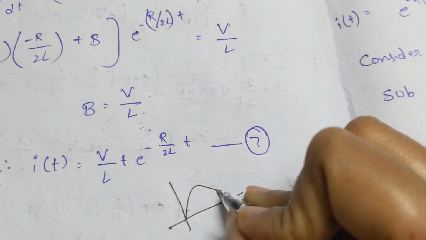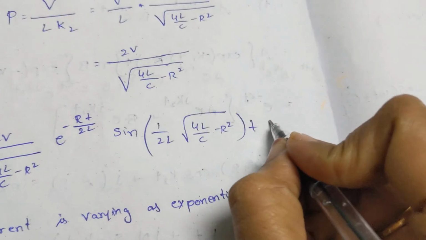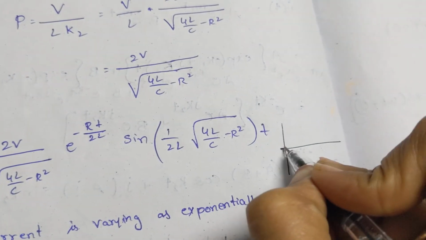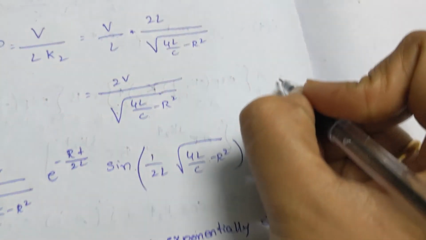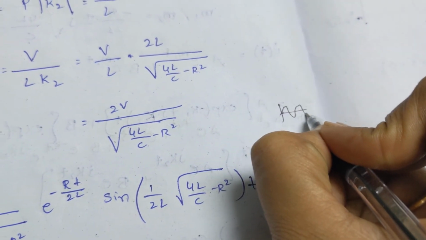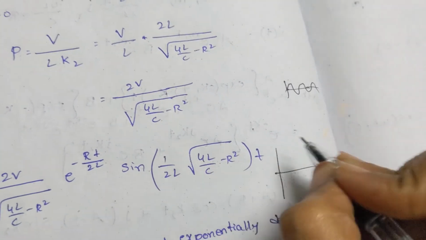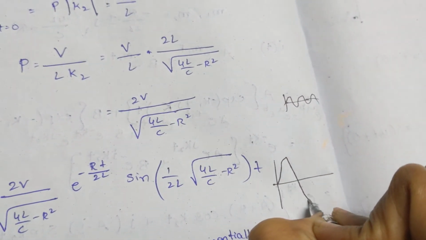Here also it is going to decay, and this is your sinusoidal waveform, whose nature is also exponentially decaying, so it is an exponentially decaying sinusoid.